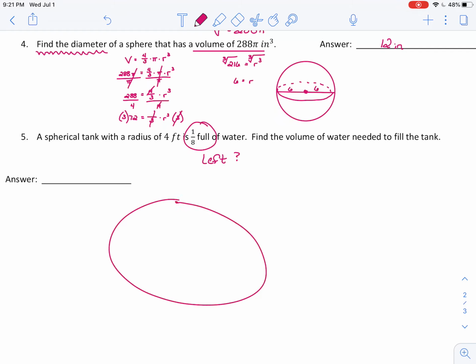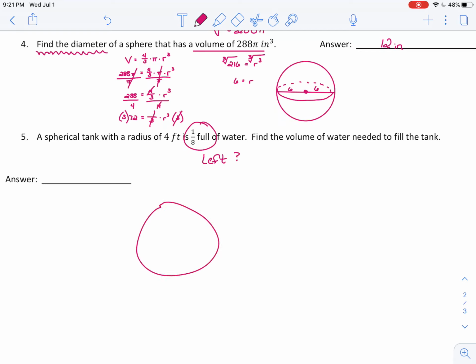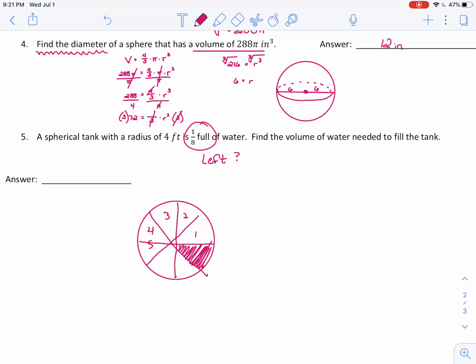So let's go back to your fraction days, back when you were taught fractions. If I take a piece of pie and I cut it into 8 slices, if 1/8 has been eaten, how much is left? 1, 2, 3, 4, 5, 6, 7/8 are left.